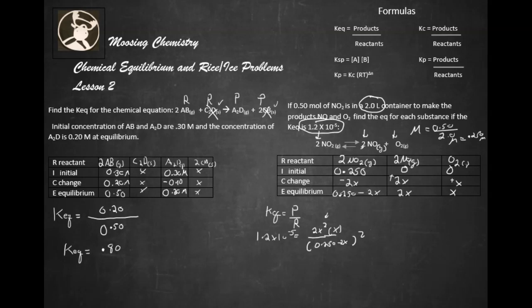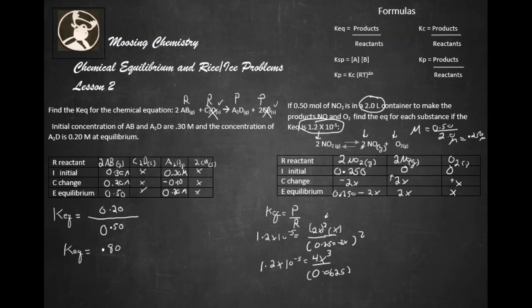Okay. And when we do this, this is going to give me 1.2 times 10 to the negative fifth equals 4x cubed over 0.0625. Now guys, what about this x here?